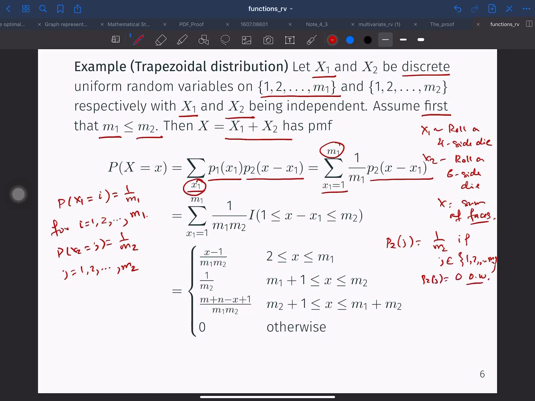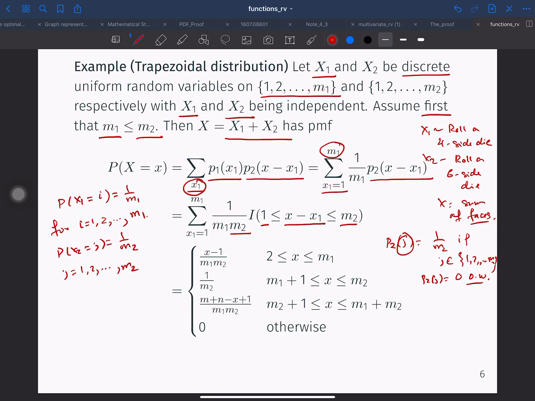So I have to be careful of the value of j. I could do 1 divided by m2, but I need to make sure that x minus x1, which is the value here, lies between 1 and m2. This is where we have to be a bit careful.